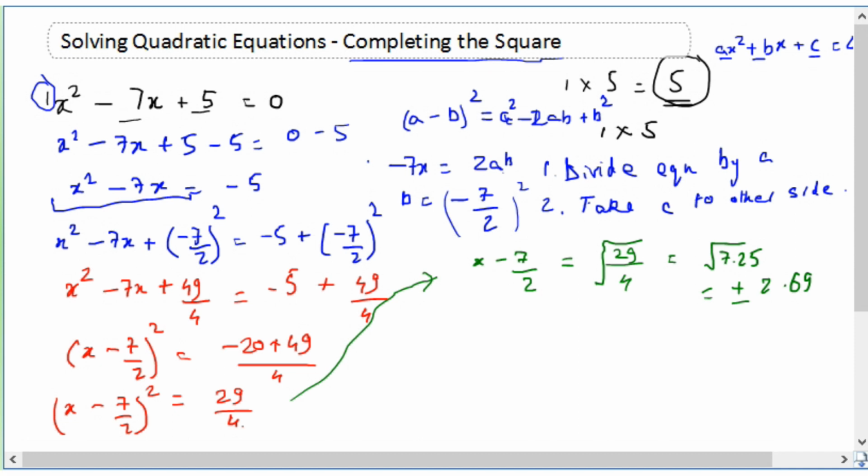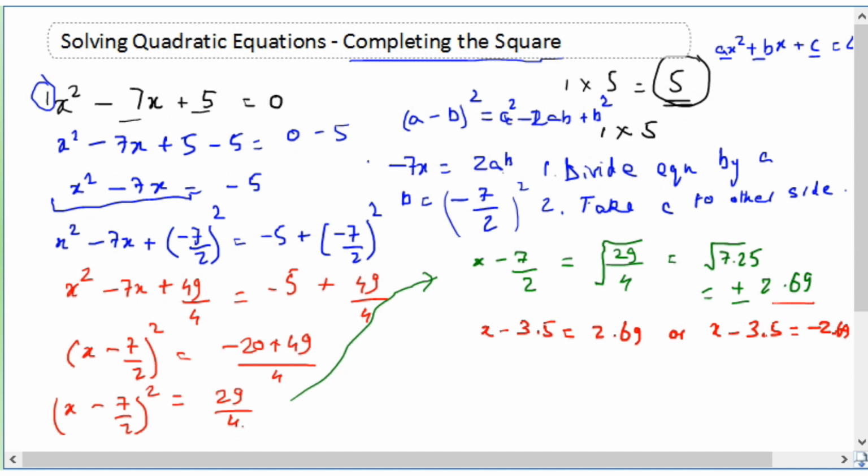So we can rewrite this equation as x minus 7 over 2. I'll convert it into decimals since we have taken decimals here. So x minus 3.5 should give us positive 2.69, or to find out the second value of x, we can say that x minus 3.5 should give us negative 2.69.